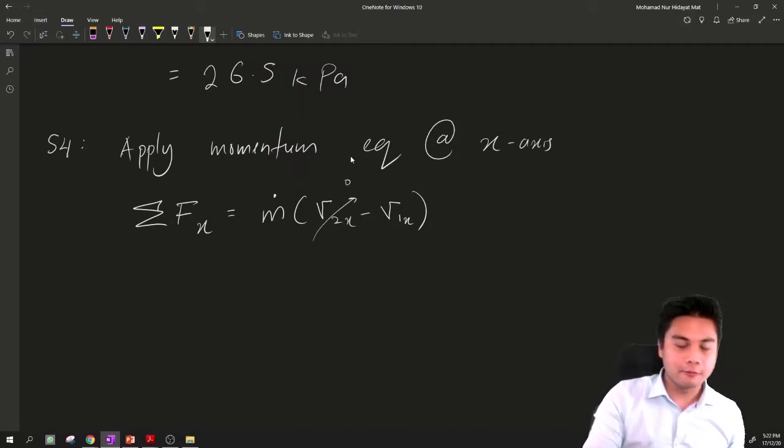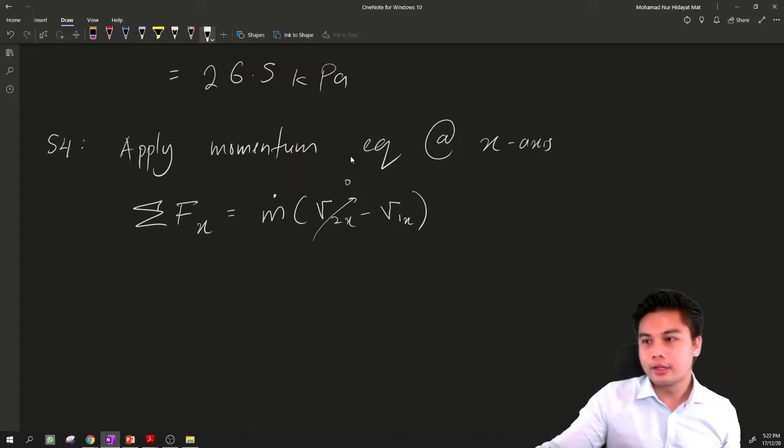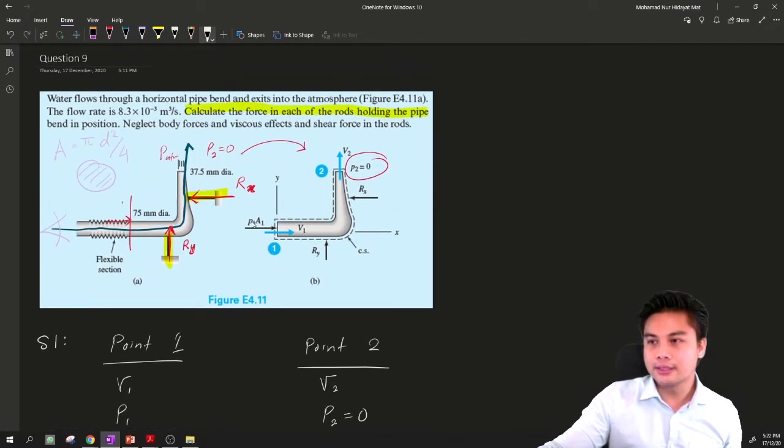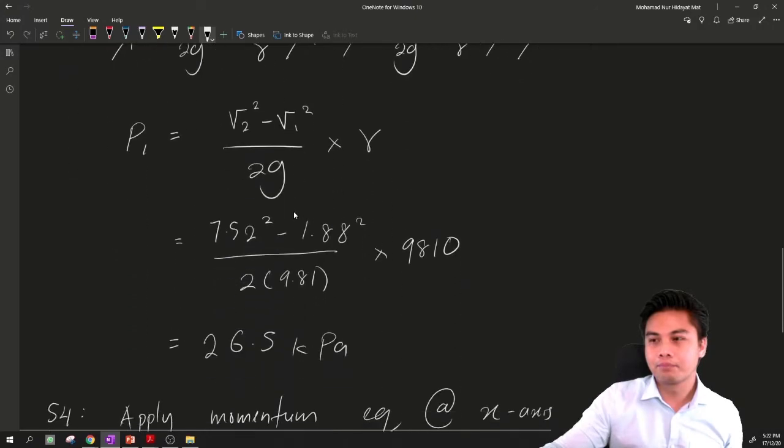So for the summation of force in the x-axis, we have P1A1 and Rx. P1A1 goes to the right, positive. Rx goes to the left, negative.